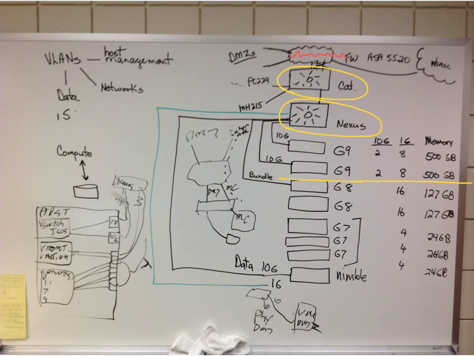I'll use green here. We can run all of our data up here. In fact, we can get the two G9s and this part functioning, and then we can connect that data also. Data would connect back down here to the Nimble.